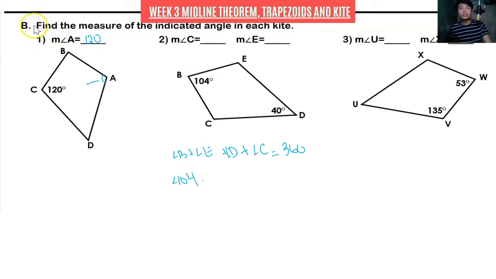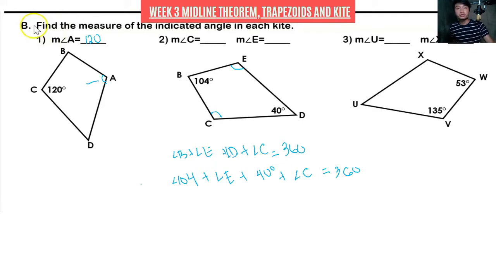Ano pa measure? Angle E, meron ba? Wala. So, ito yung nawawala, angle E and angle C. So, angle B plus angle E plus 40 degree plus angle C is equal to 360.